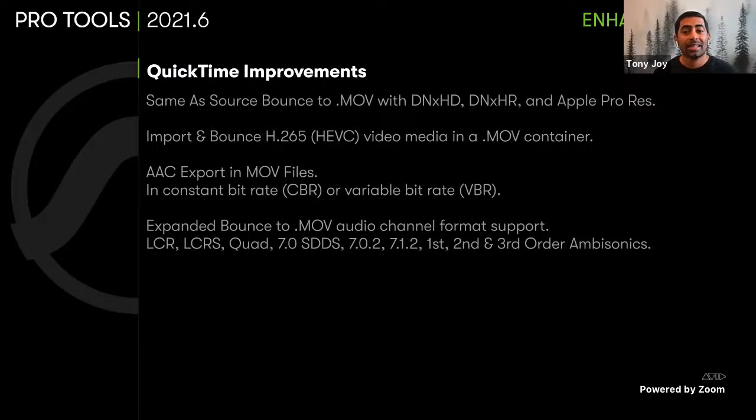You can bring it directly into Pro Tools and work on it. You can also do AAC export in MOV files in either constant bitrate or variable bitrate. There's also a huge number of new channel formats added to expanded bounce for MOV audio, starting with LCR all the way up to third-order ambisonics.